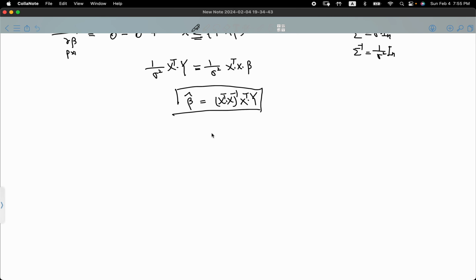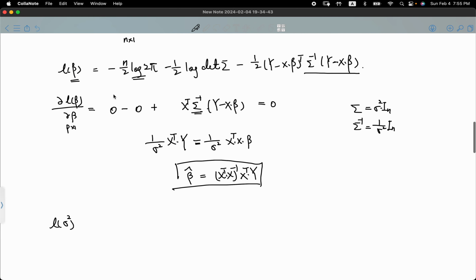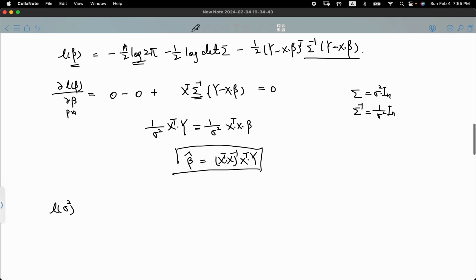Maybe next we can find the estimation for sigma square. So let's borrow the notation from here.